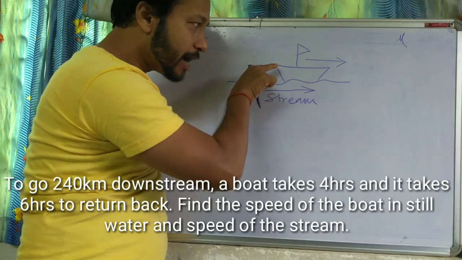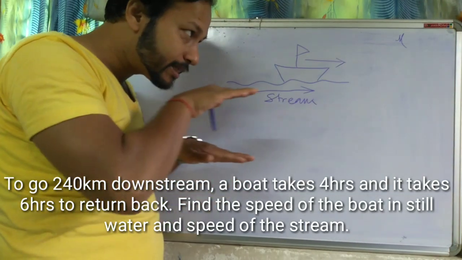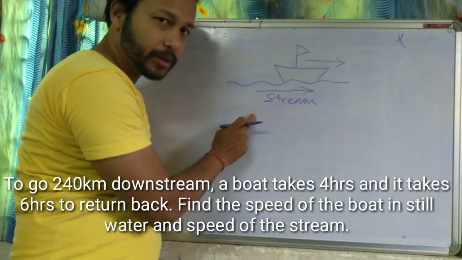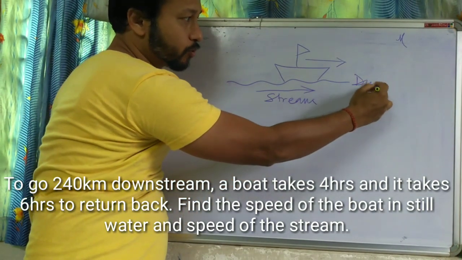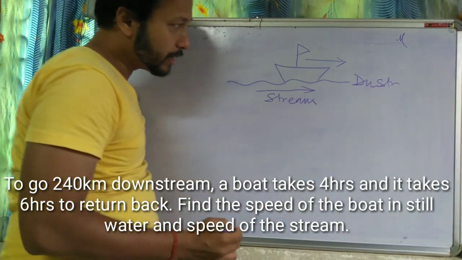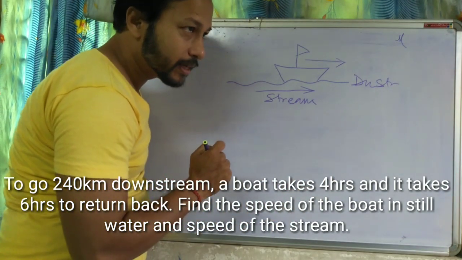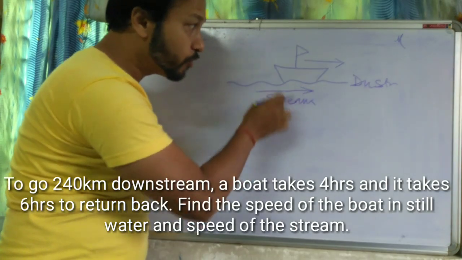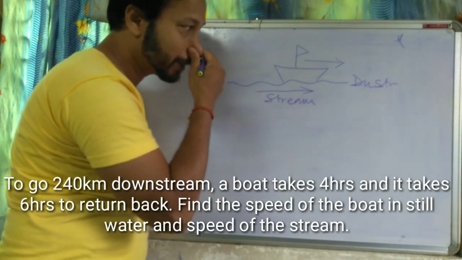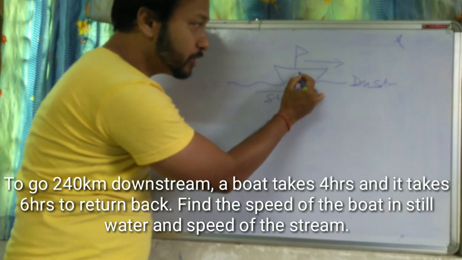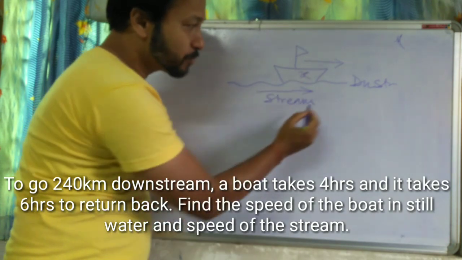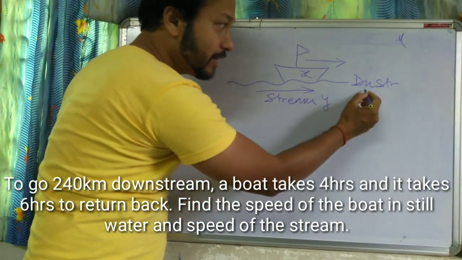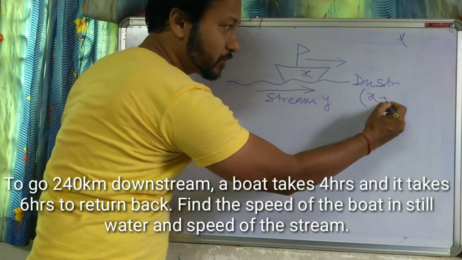When the stream and boat are both going in the same direction, we call it downstream. In downstream, the ultimate speed of your boat increases. If the speed of the boat is x and the speed of the stream is y, then the ultimate speed is x plus y.